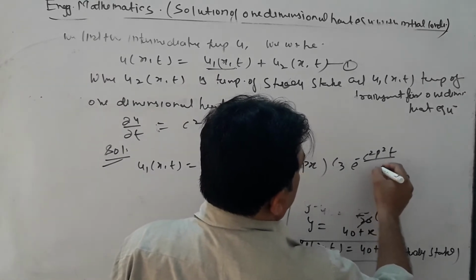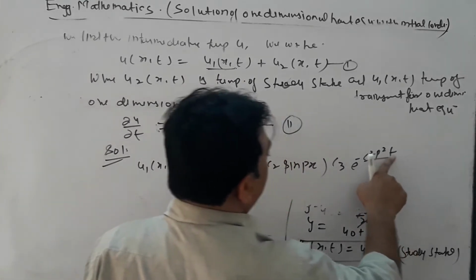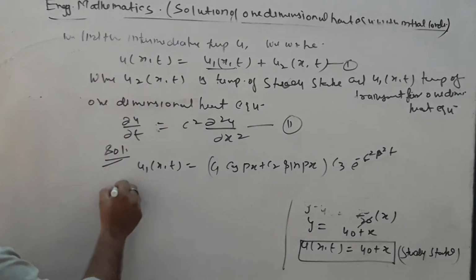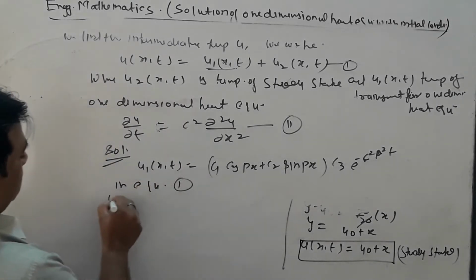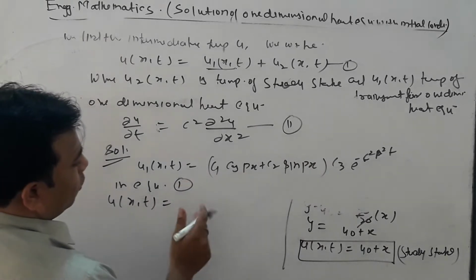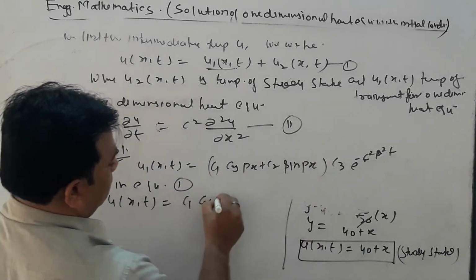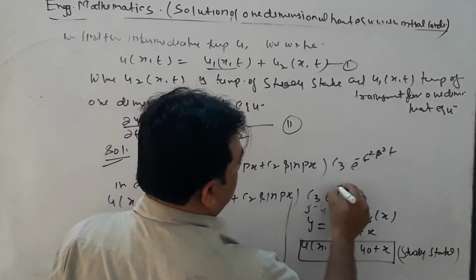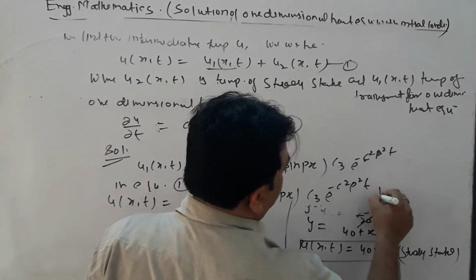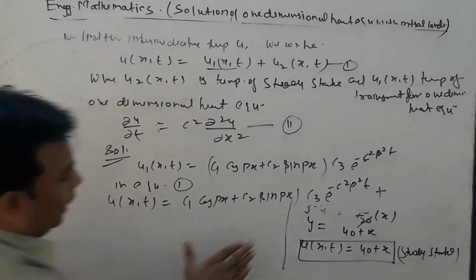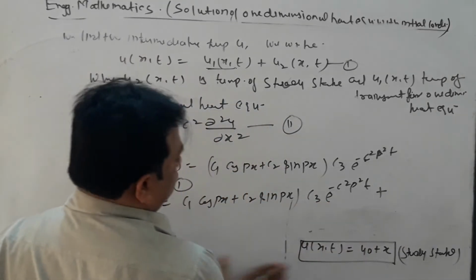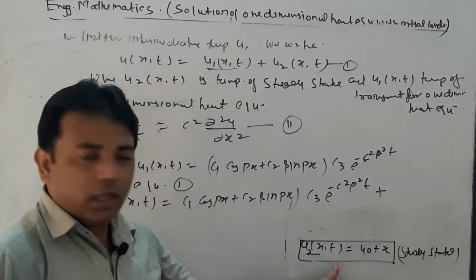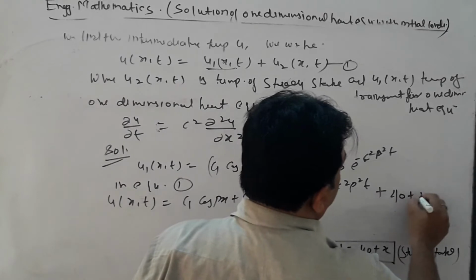Writing this in the equation for u(x, t), we get c1 cos px plus c2 sin px, c3 e to the power minus c square p square t, plus u2(x), where u2(x) represents the steady state temperature.